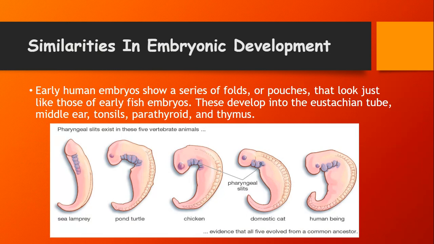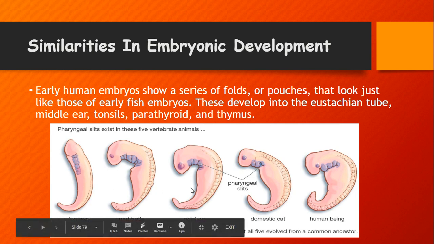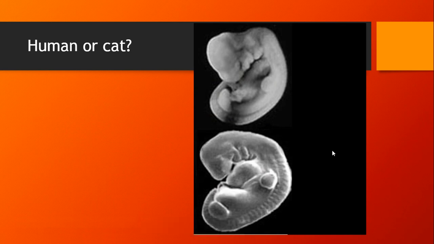So you just start seeing lots of similarities, like this lamprey type of fish. We got a turtle, we got a chicken, we got a cat, and a human being. We all look very, very similar as we start developing. So here's 2 embryos. One's a cat, one's a human.